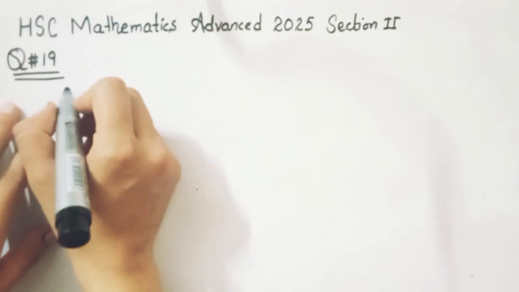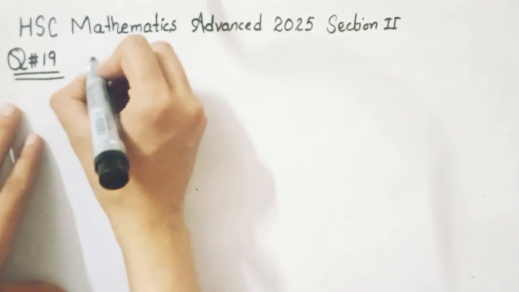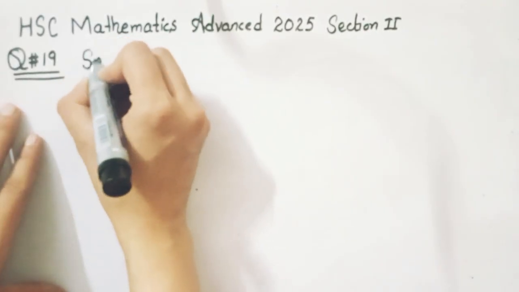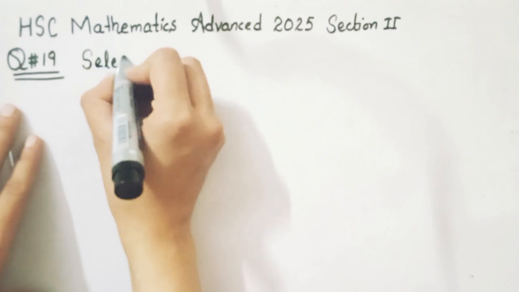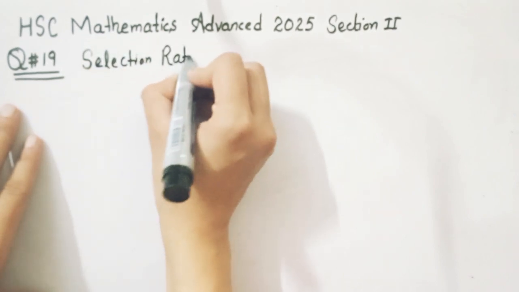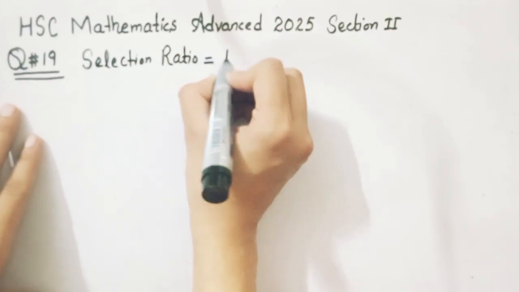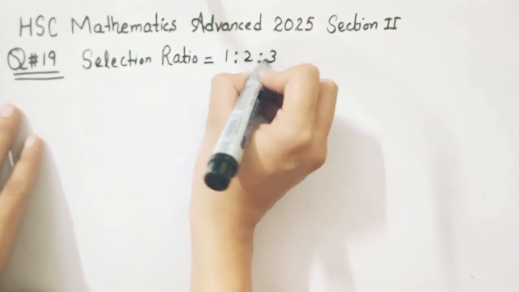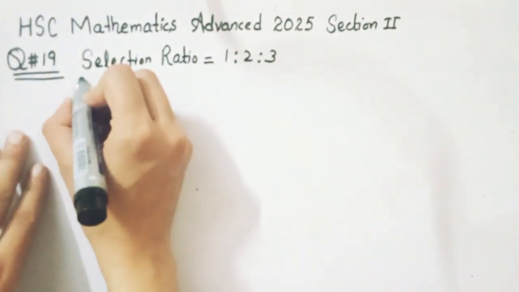The data given in this question is the selection ratio, 1:2:3, and the winning chances.